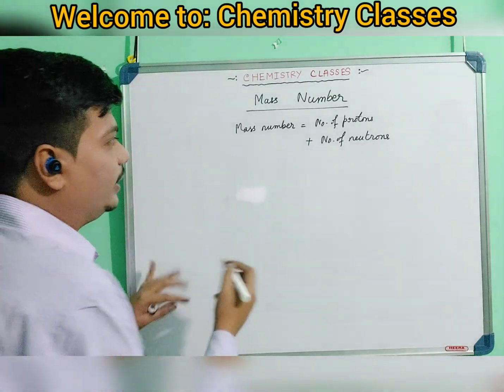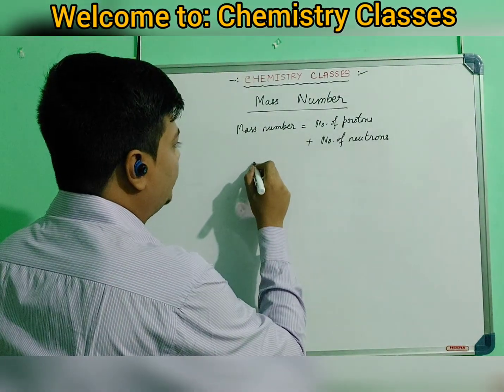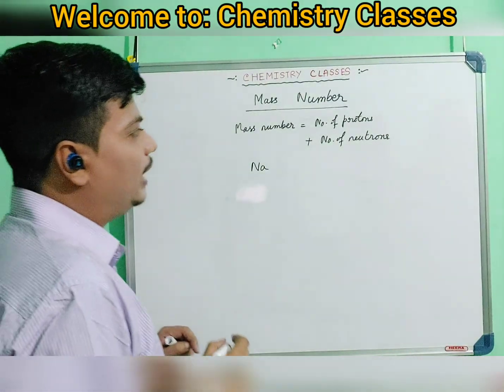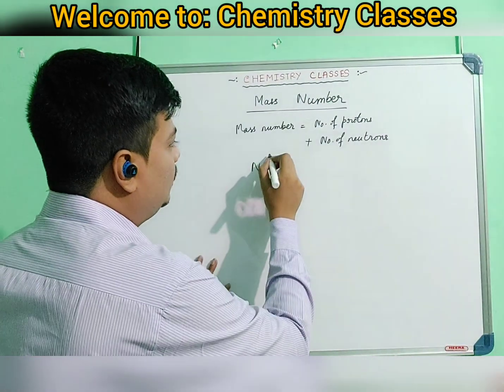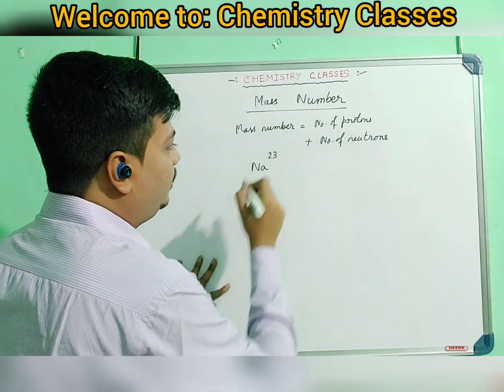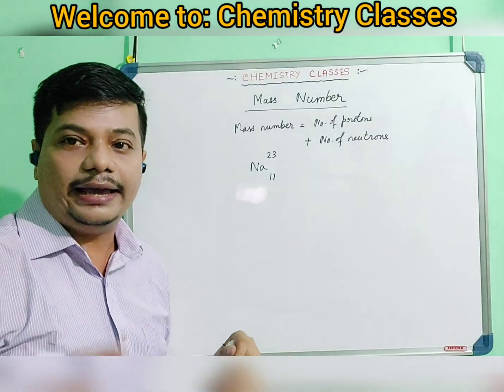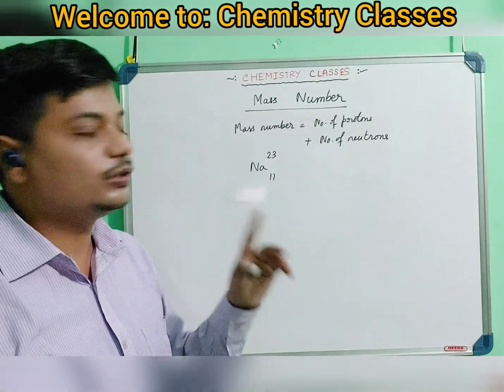Now let us take one example, say sodium. Sodium has mass number 23 and atomic number 11. So from this given data, I can find out how many protons and how many neutrons are there.